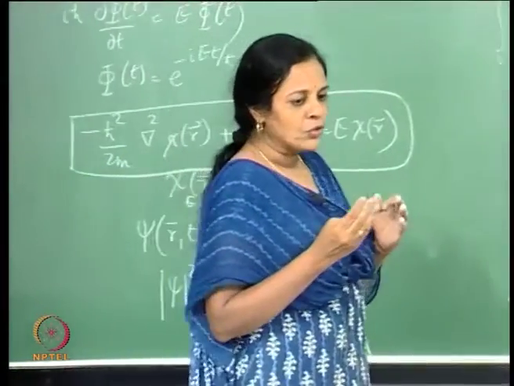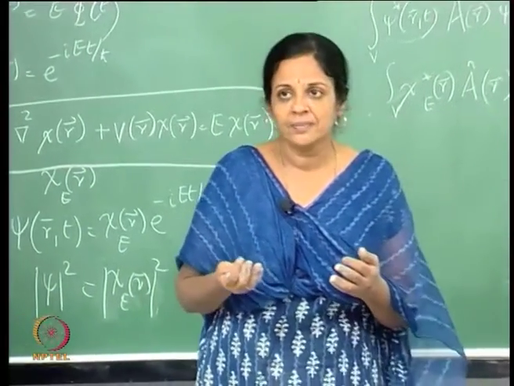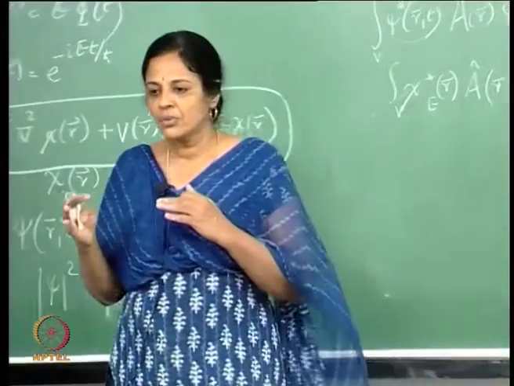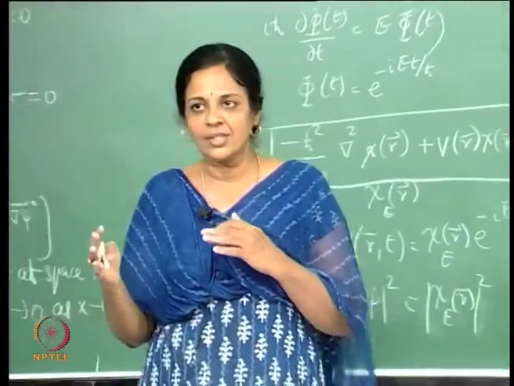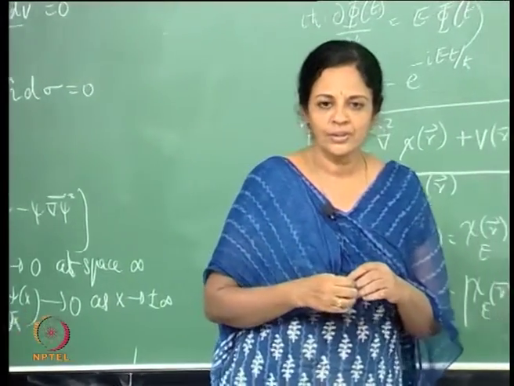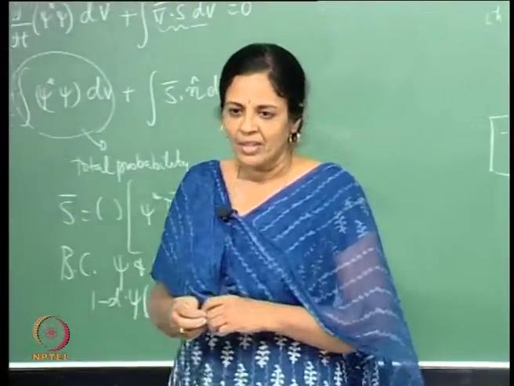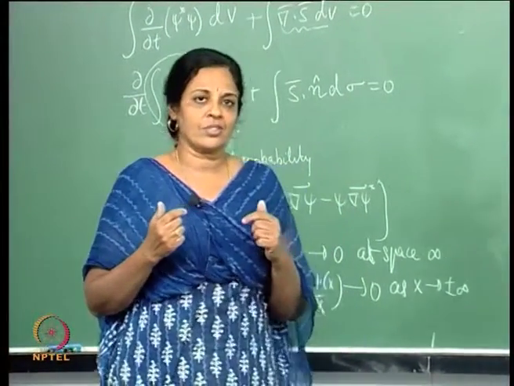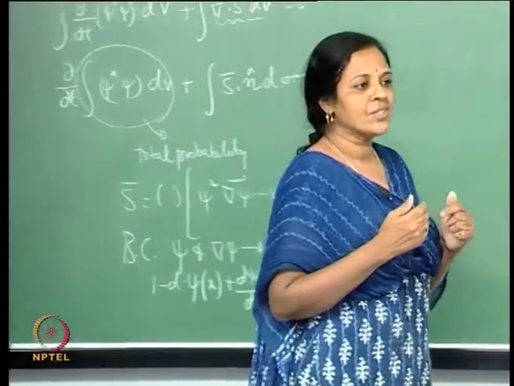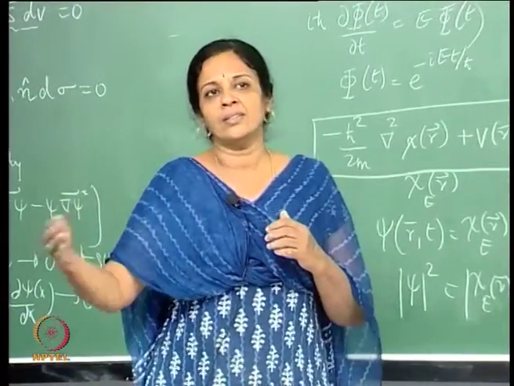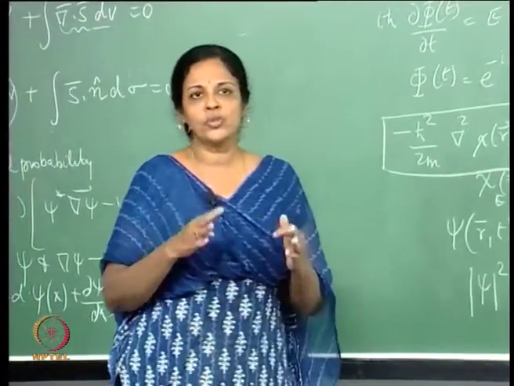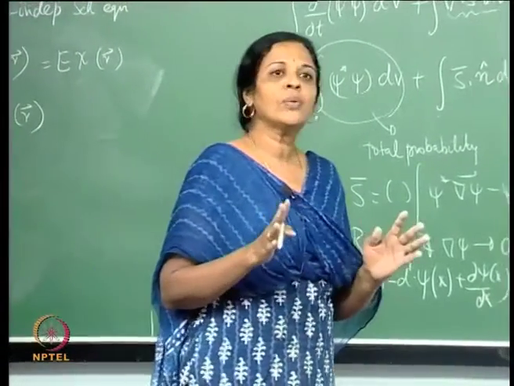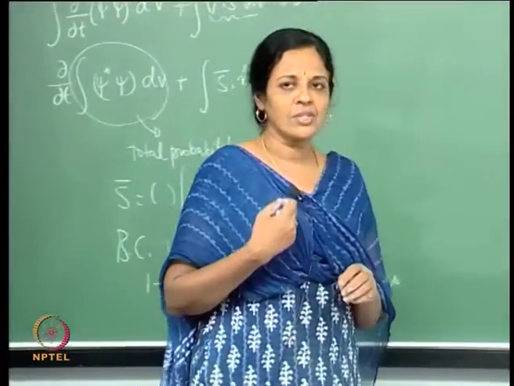You would really like to choose as your eigenbasis, or the basis states in the linear vector space, states which are the complete set of common eigenstates of all the constants of the motion corresponding to that situation. Energy is certainly a constant of the motion because we are looking at conservative systems, and therefore we will look at eigenstates of the Hamiltonian and any other observable which commutes with the Hamiltonian, in other words which is also a constant of the motion. So in general we are looking at energy eigenstates for this reason.